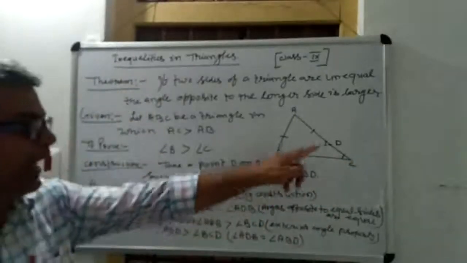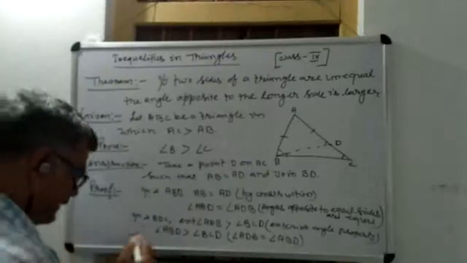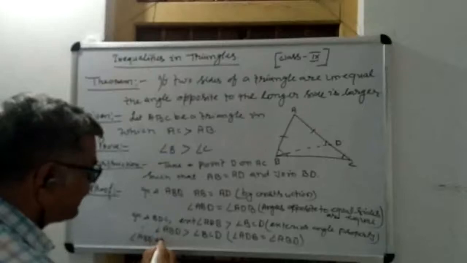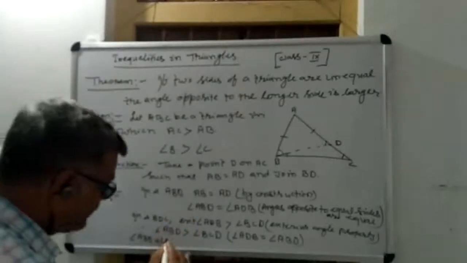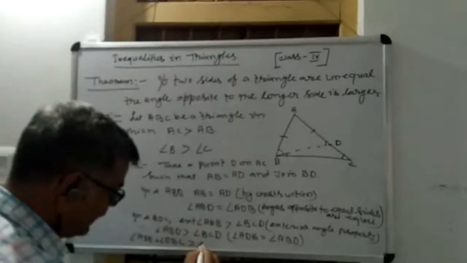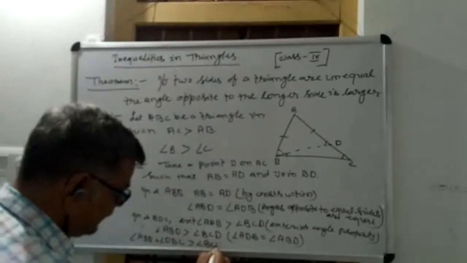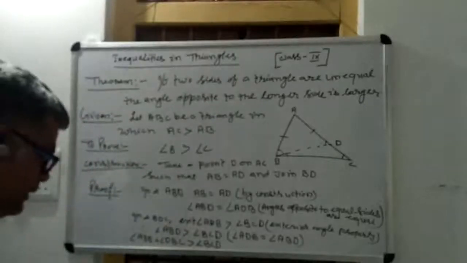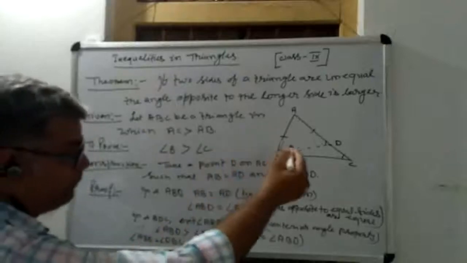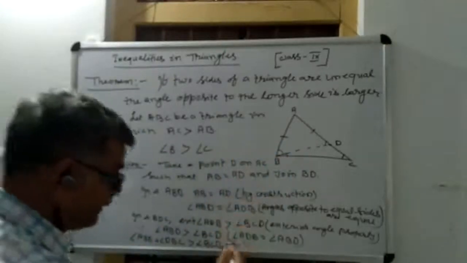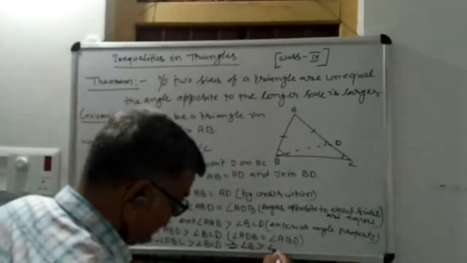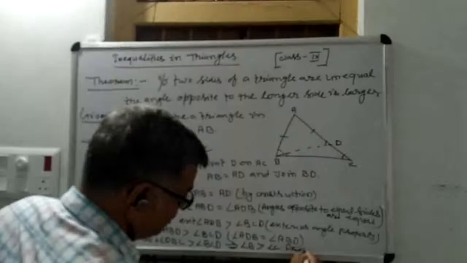So when you add angle DBC on the LHS, angle ABD plus angle DBC must be greater than angle BCD, which implies that ABD plus DBC becomes angle B, which will be greater than angle C, hence proved.